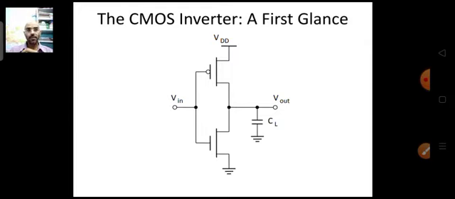Extrinsic means the capacitance which is because of the parasitic wires and the interconnect wires and all these things, whereas the intrinsic capacitance is because of the capacitance of the MOSFETs themselves.